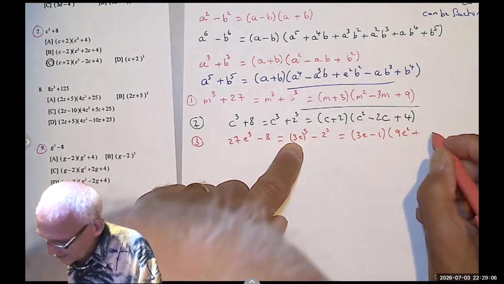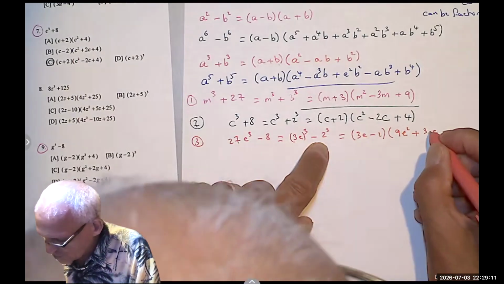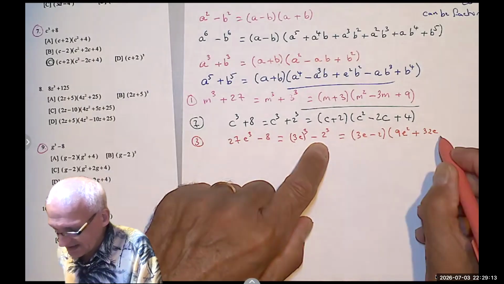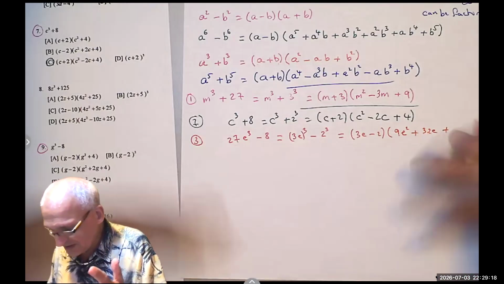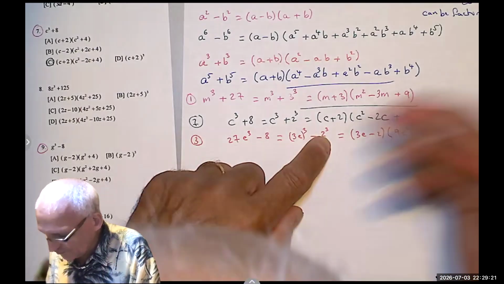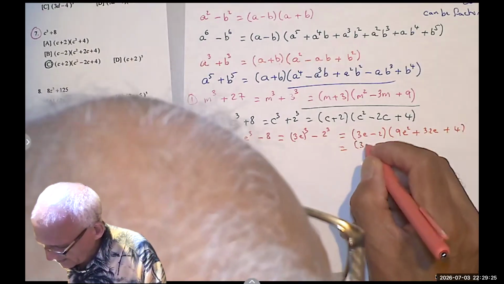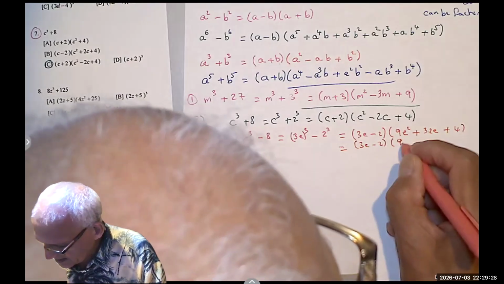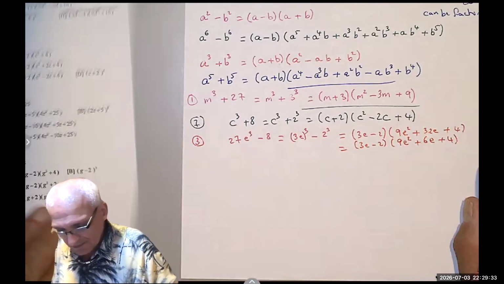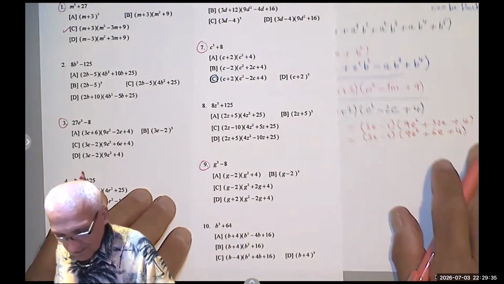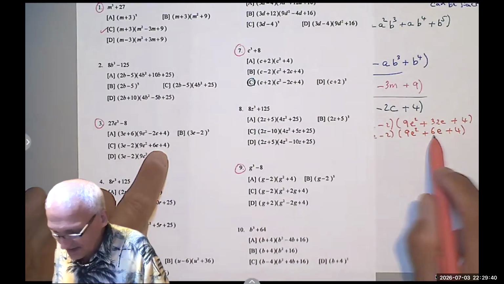You drop 1, so it's 3e, and you bring this times 1, so times 2, meaning it would be 6e. And then plus, you drop 1 from the 3e, so it disappears, and the 2 becomes 2 squared, or 4. So basically, this is 3e minus 2 times 9e squared plus 6e plus 4.